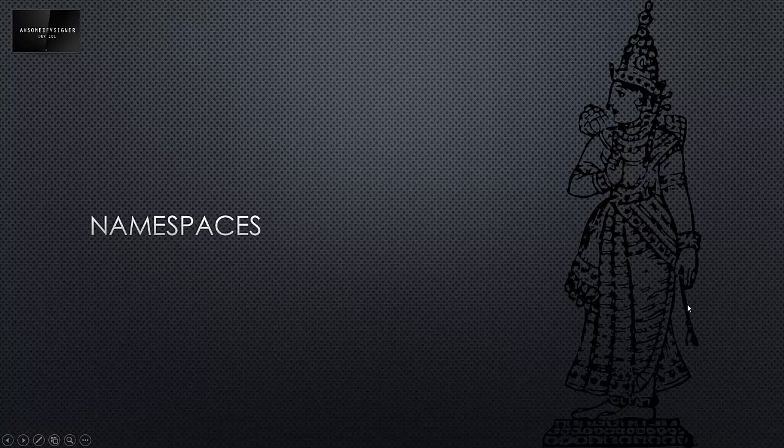Now, namespaces are here to give your project an overall structure. This means that namespaces can be used to divide your project into different parts, like, for example, the classes that you have to manage customers, or classes that you have to paint things on the screen. You create namespaces, and those namespaces are not only here to give your assemblies a logical structure, but also to avoid naming clashes between classes.